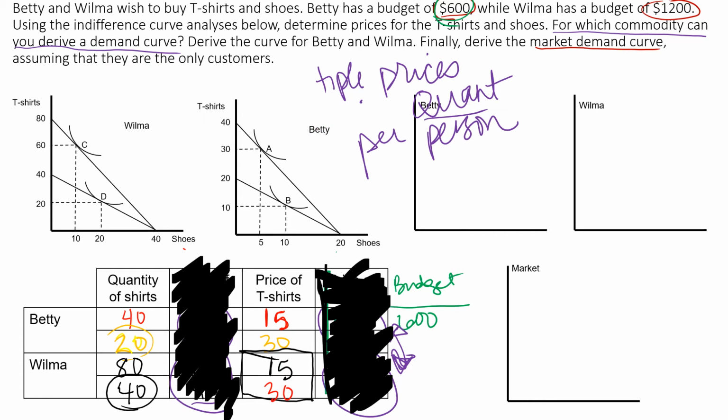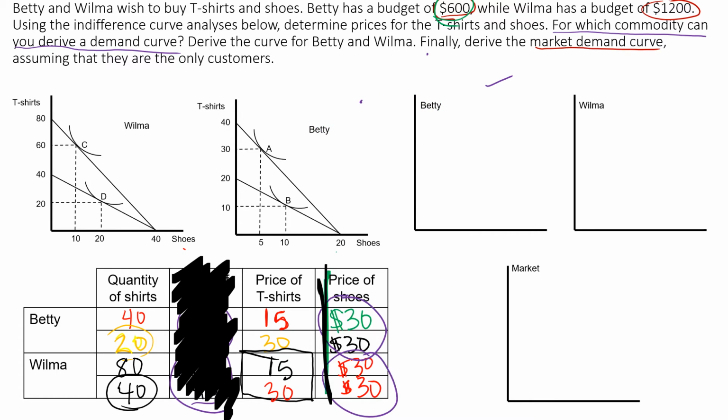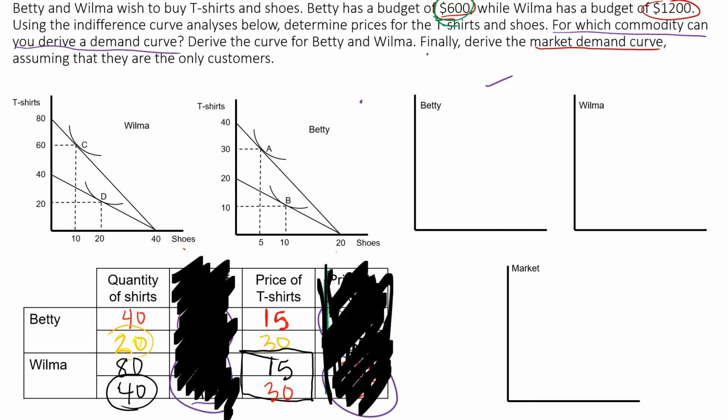But what we can do is derive a demand curve for the t-shirts. So I'm going to write over here, we need the price on the left, the quantity. I'm going to put t-shirts, quantity, t-shirts, price.